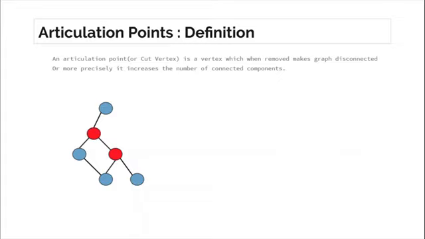In the current graph you can see there are two nodes which are marked red. These two nodes are articulation points. If you remove any of the vertices marked as red, then the graph would get disconnected. For example, if I remove this first red node, then all of these three edges would also get removed.